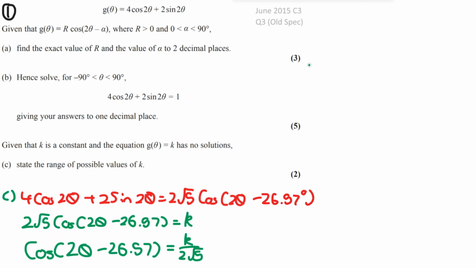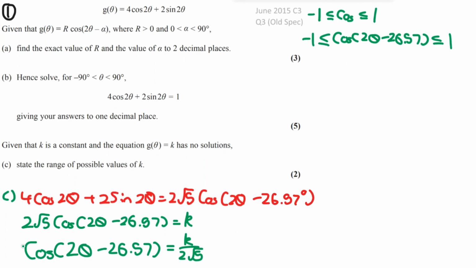Cos in general only has values between -1, it can equal -1 as well, and 1. If you want to be more specific, cos of 2 theta minus 26.57 only has values between -1 and 1.